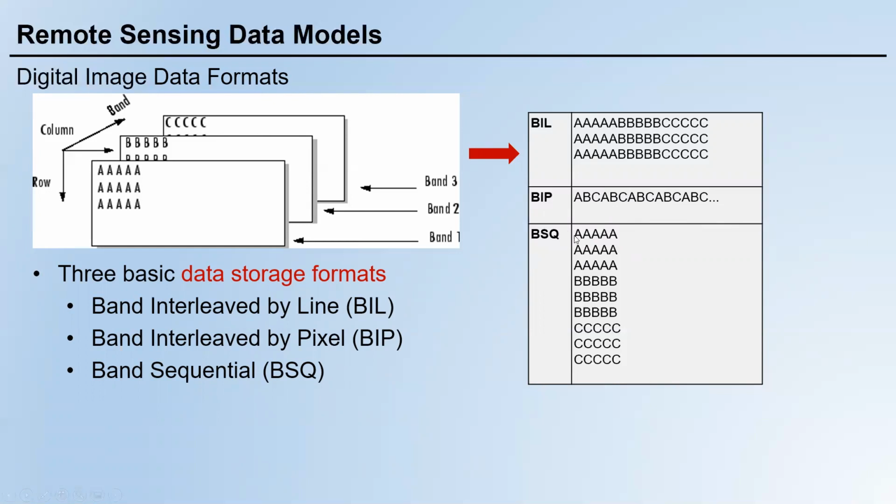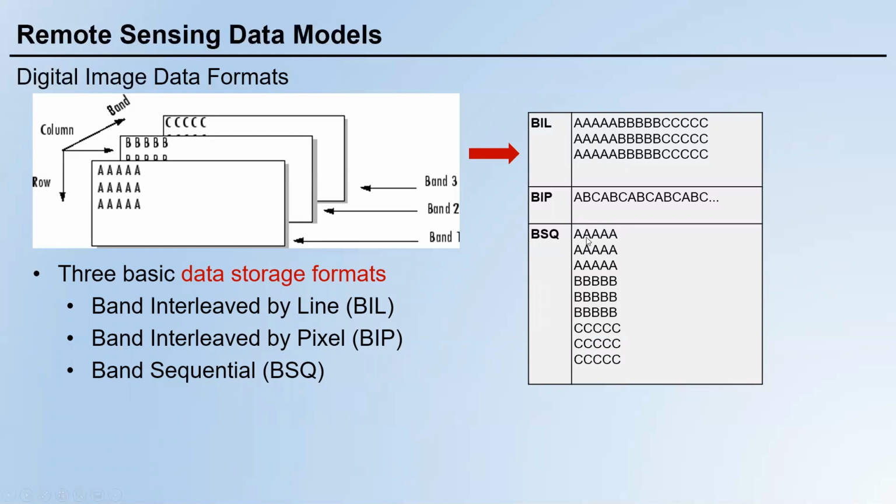BSQ is very straightforward. I store band 1 first, and then I store band 2, then I store band 3. And within each band, the sequence for pixels is just the sequence of column and row. So for band 1, that's the first part of the storage.